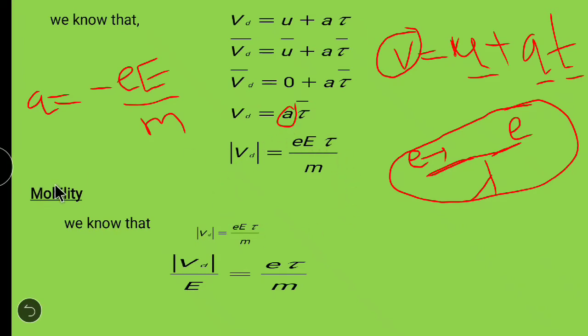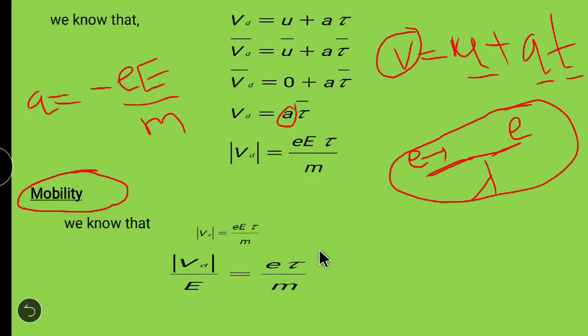Okay students, now the mobility. What is mobility? We know this formula. Vd is equal to e into capital E tau upon m. So students, mobility is nothing but the drift velocity per unit applied electric field.